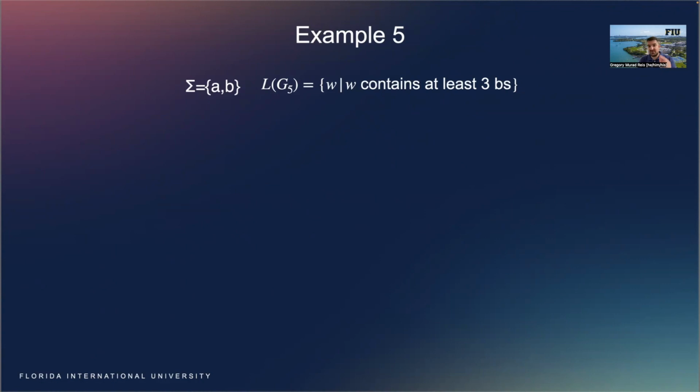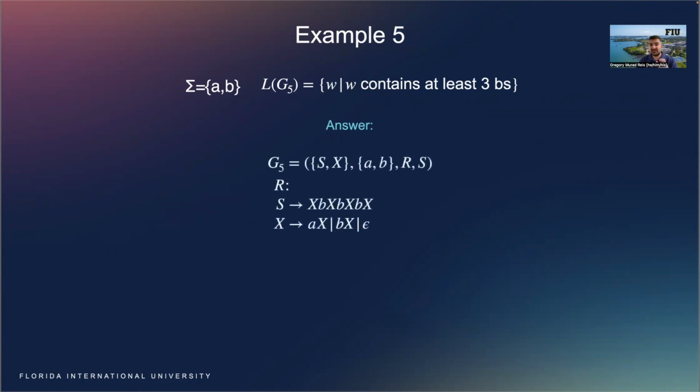So what we can do is create one rule that accommodates these 3 B's. I can create a rule starting in S, which is the variable, that generates BBB. Before the first B, I create a variable that generates any amount of A's, any amount of B's. So I recursively call X on AX and BX, or nothing, or empty.